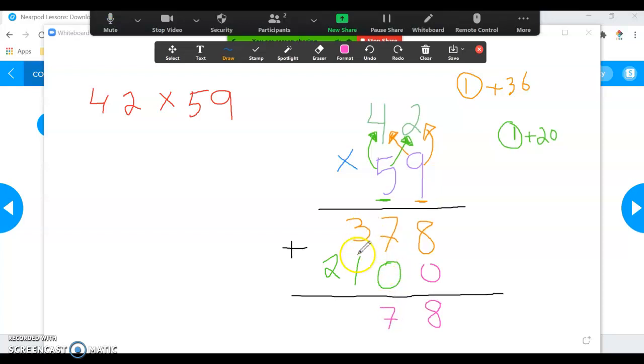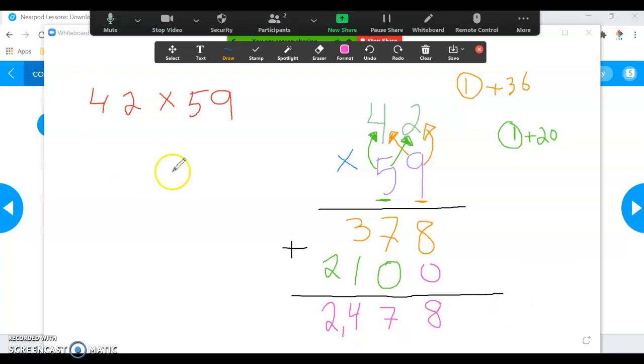And then 3 plus 1. What is 3 plus 1? 3 plus 1 would be 4. And then after that, 2 plus nothing is 2. And of course your comma goes there.